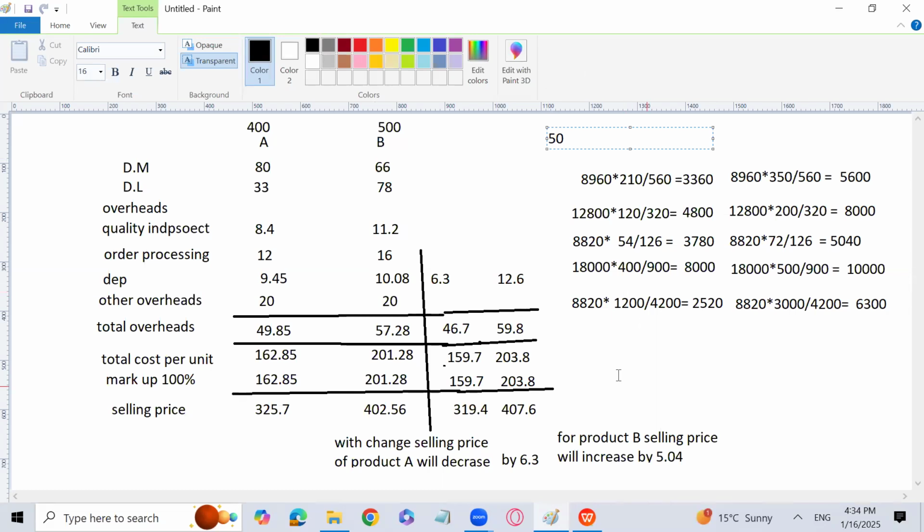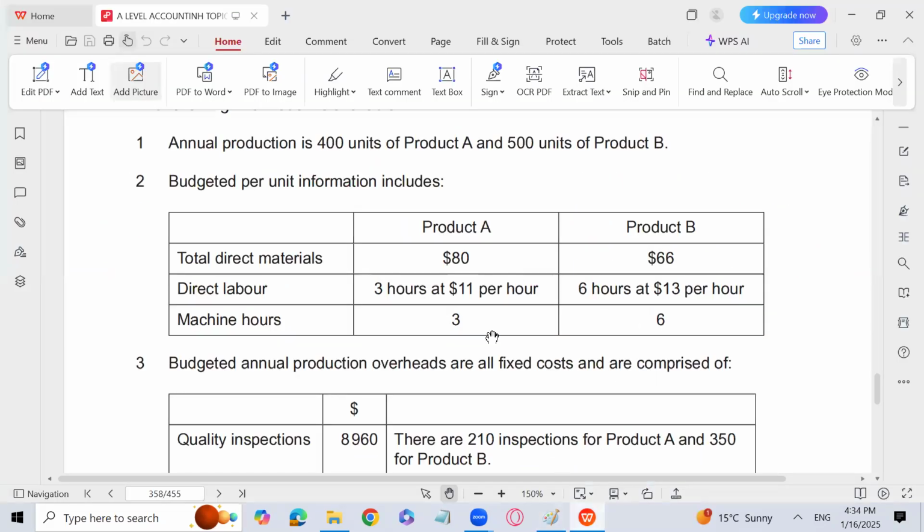But it also suggests that now product A will take 5 hours to produce 1 unit. So previously the labor cost was 3 into 11, 33. But now the labor cost is going to be 5 into 11, 55. It means you have a negative effect of minus 22. Right?